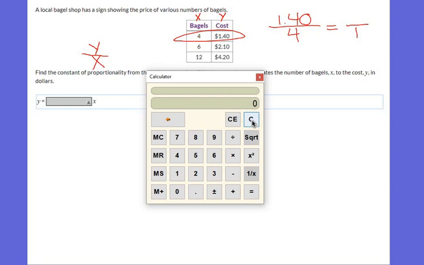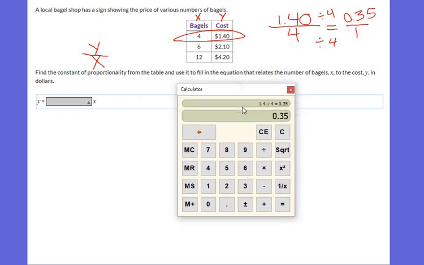So 4 times or divided by what gives me 1? Here I have to divide by 4 to get 1. So I'm going to divide this by 4. $1.40 divided by 4. So that means it costs 35 cents for 1 bagel.